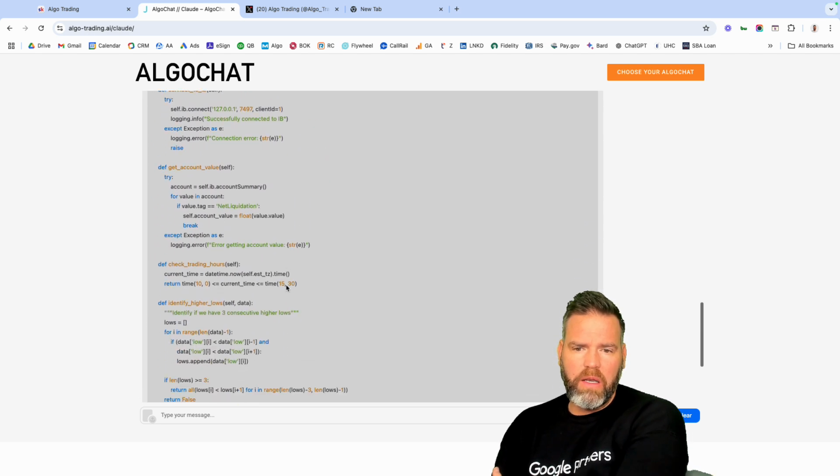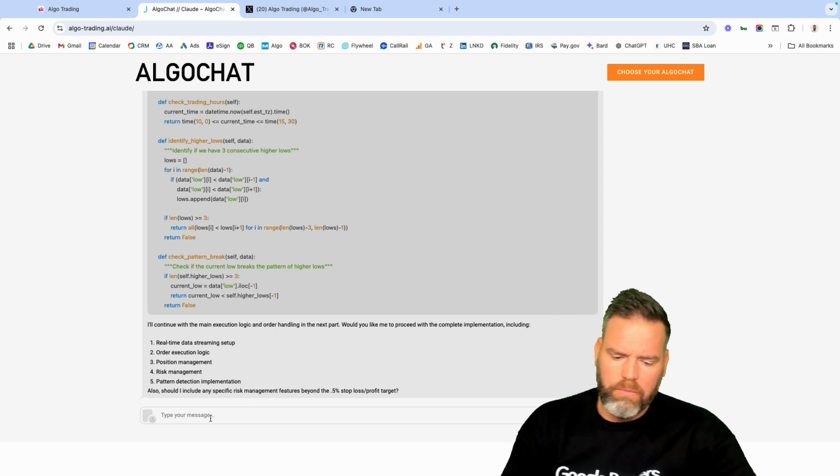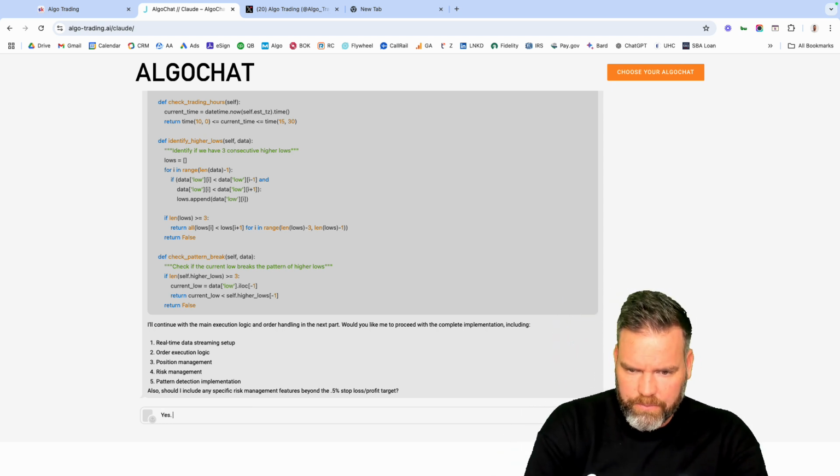So it started writing the code, and then it said, I'll continue with the main execution logic and handling in the next part. Would you like me to proceed with the complete implementation, including, should I include any specific risk management features beyond the 0.5? I'm just going to say yes, please proceed.